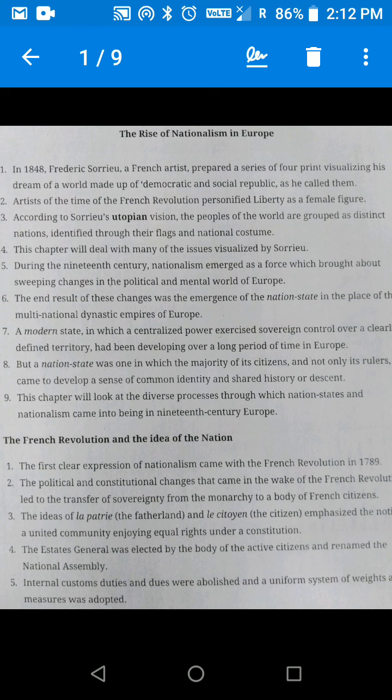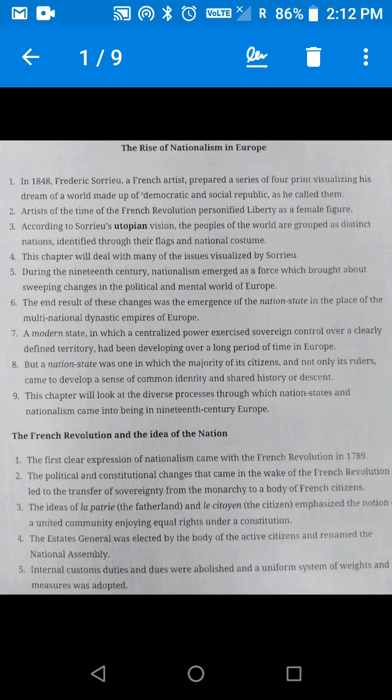During the 19th century, nationalism emerged as a force which brought about sweeping changes in the political and mental world of Europe. The end result of these changes was the emergence of the nation state in place of the multinational dynastic empires of Europe.